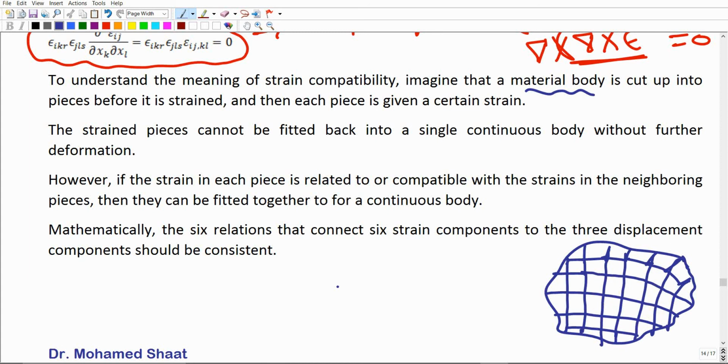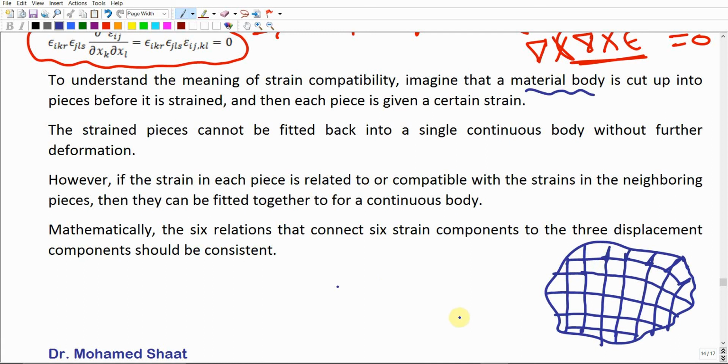We pick one element, like they are separate. We broke down the continuum, this material body, into multiple elements. Then we pick each one of these elements and give it strain, like you already injected it with a shot, right? Injection, for example.